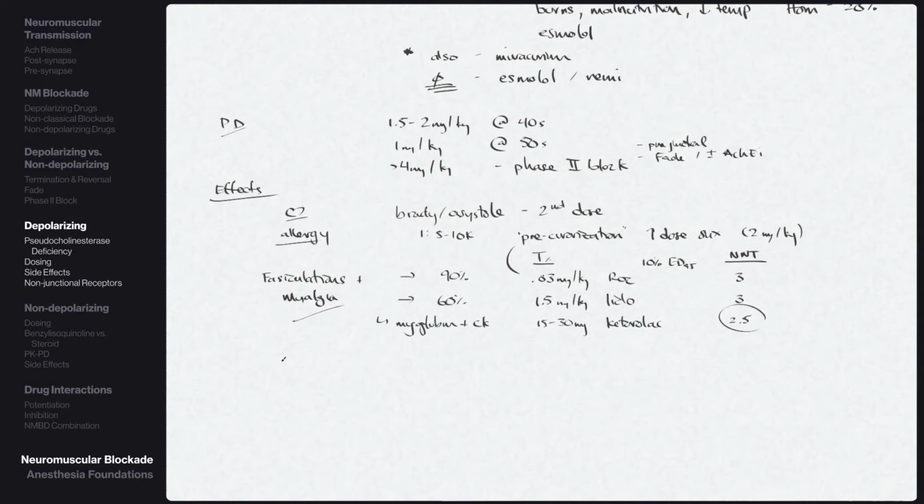So maybe one of the most famous side effects that we see with succinylcholine is hyperkalemia. When we give a normal dose of succinylcholine in the average patient, we end up getting roughly a change in serum potassium levels of 0.5 milliequivalents to potentially 1 milliequivalent.